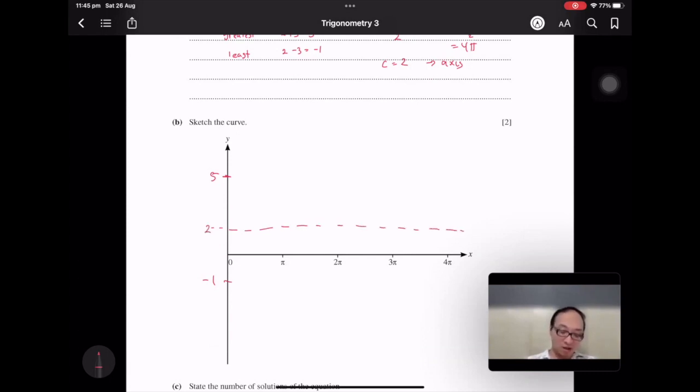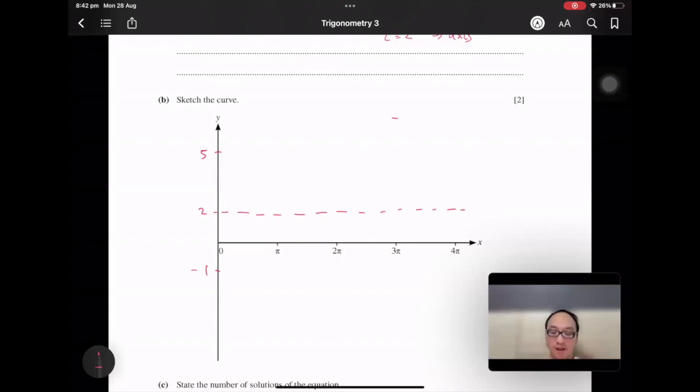So this is 2. And the normal sine starts from the principal axis, maximum, minimum, and back to the principal axis. So it's maximum at 90, 0 at 180.